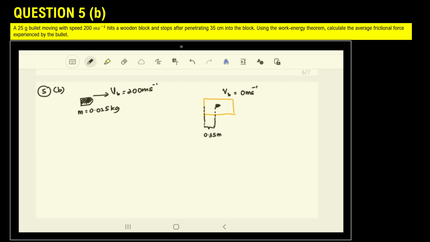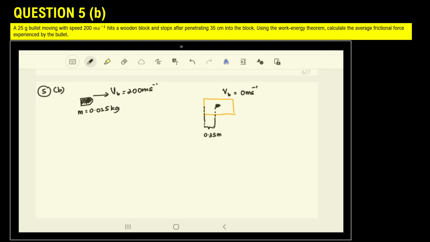As we know, the bullet will stop after entering the block. It is because there is a frictional force against the motion of the bullet, so the bullet will do some work against the frictional force.